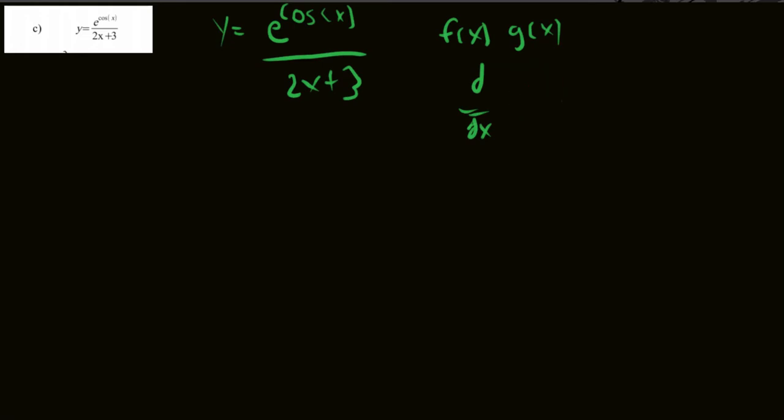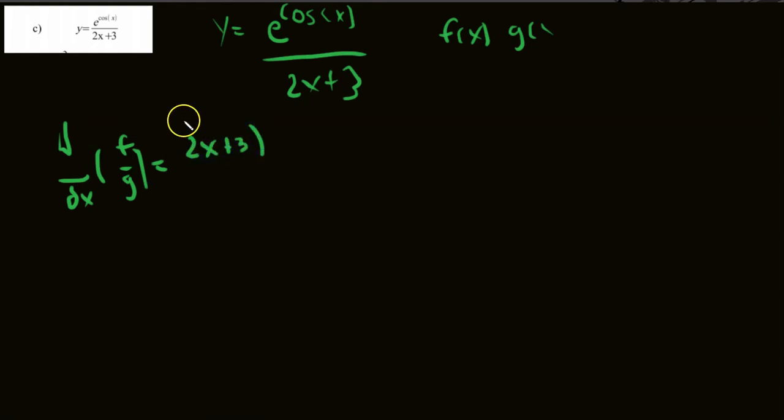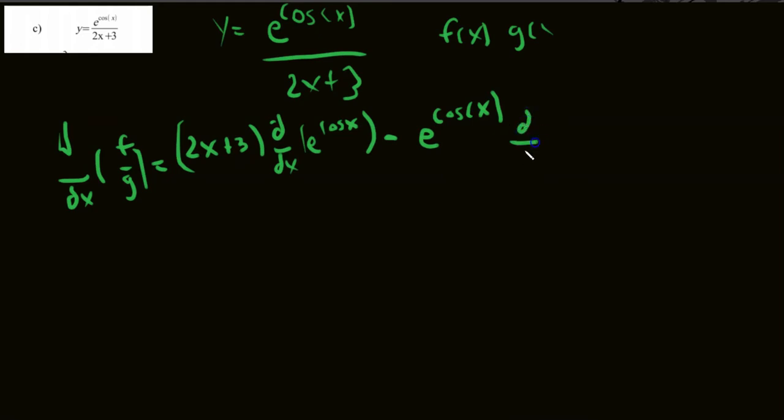So the derivative d by dx of f over g is equal to the bottom function times the derivative of the top function minus the top function times the derivative of the low function, the bottom function, all over the bottom squared.